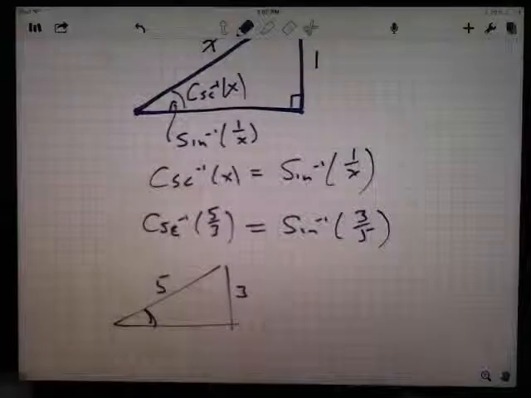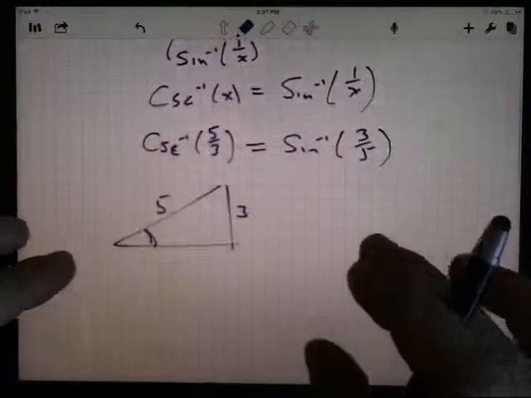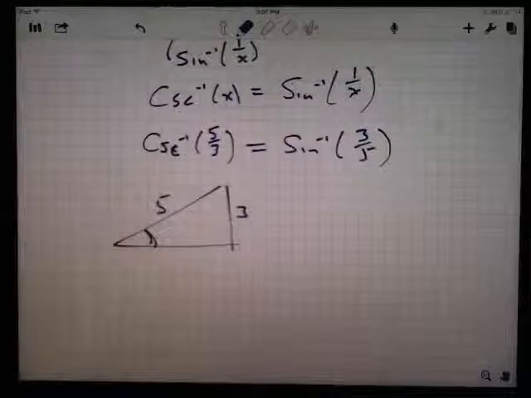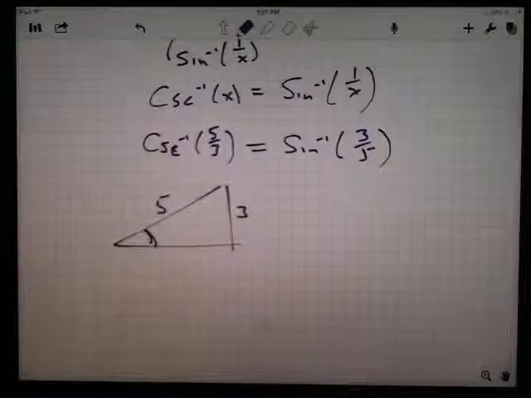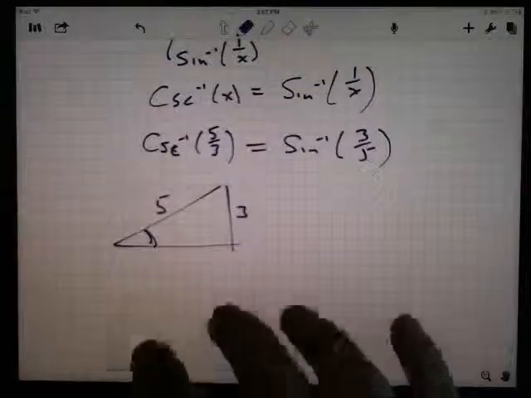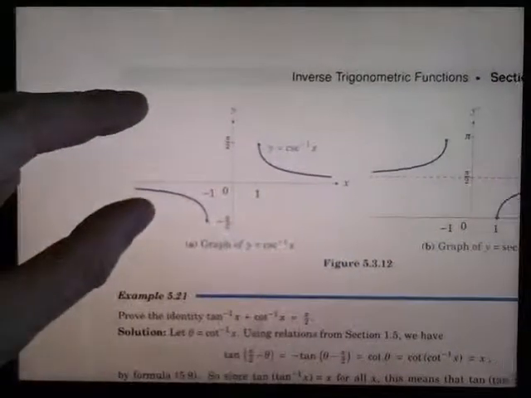For the inverse cosecant graph, I think I'm just going to switch to the book and show it to you. There's the inverse cosecant graph.